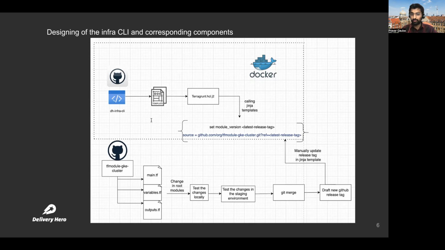But how does it do it? So it makes use of Terragrunt Jinja templates. These templates can be written using Terragrunt built-in functions, right? So it's like DH Infra CLI is in sync with Terragrunt templates here. So these templates can be written using Terragrunt functions, as I mentioned.